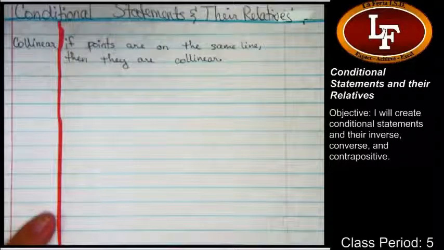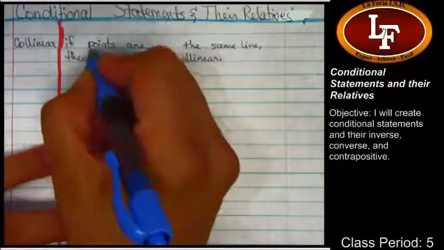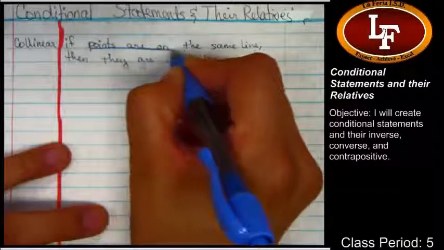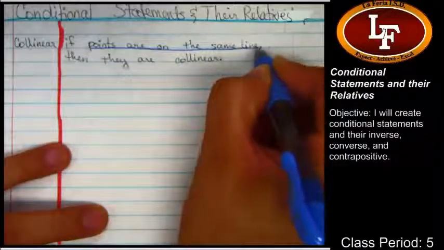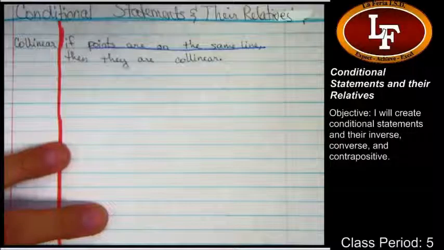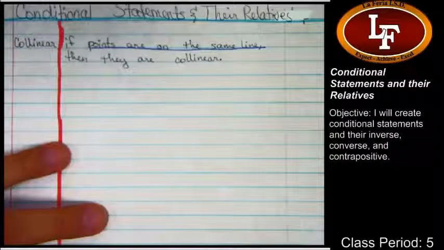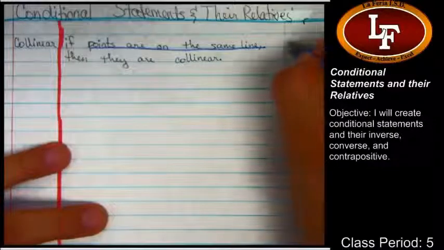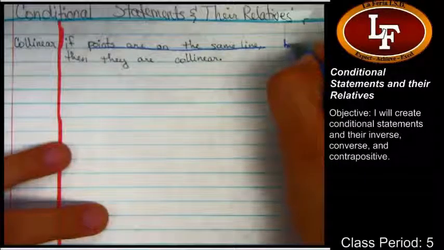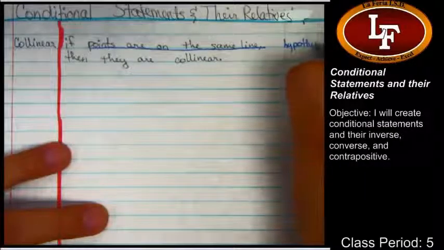If you're using different colored pens or highlighters, now is the time to break it out. If you're not, it's okay. I'd like you to please underline this part of the sentence. Not the if, but the stuff that comes after the if, up to that comma right before then. You can highlight it or underline it. This is the hypothesis of the statement.